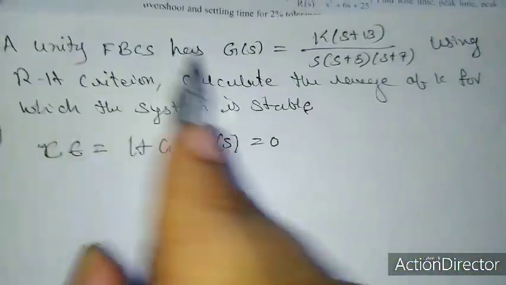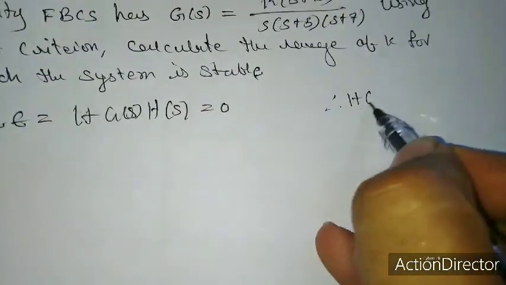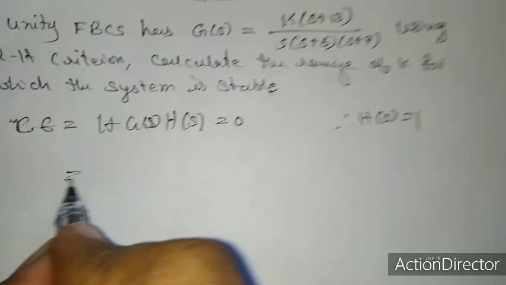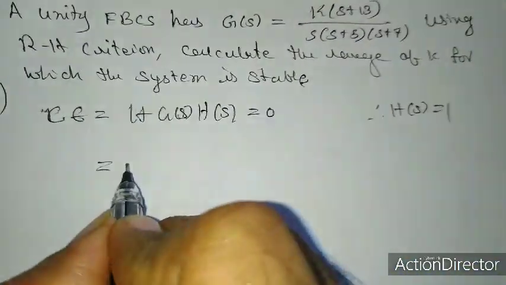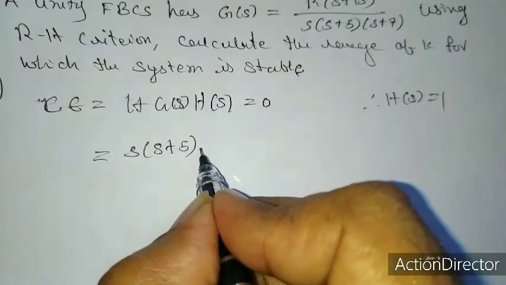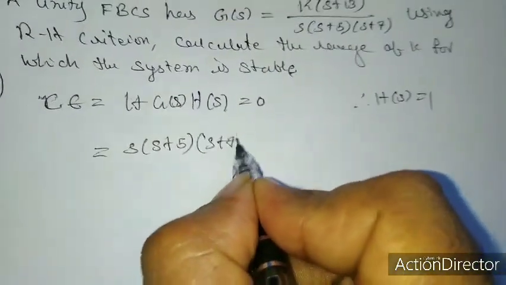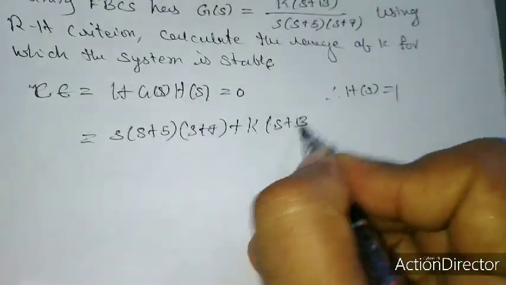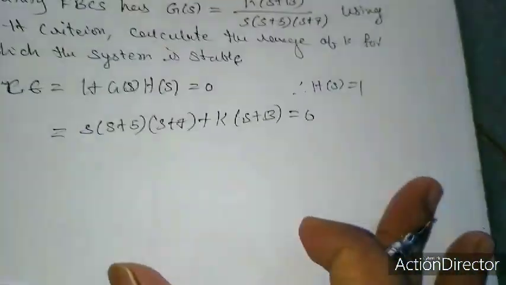They gave a unity feedback system, meaning H of s is 1. So I'll substitute, and I'll get s into s plus 5 into s plus 7 plus k into s plus 13 equal to 0 as my characteristic equation.